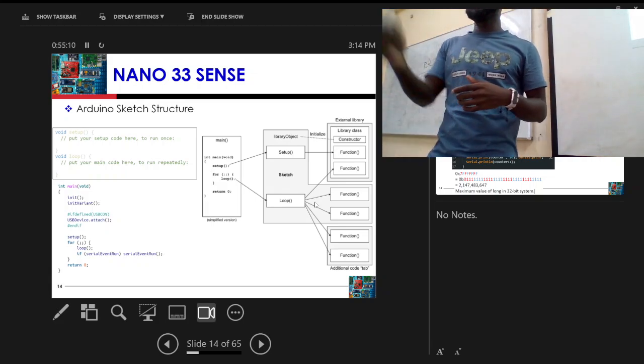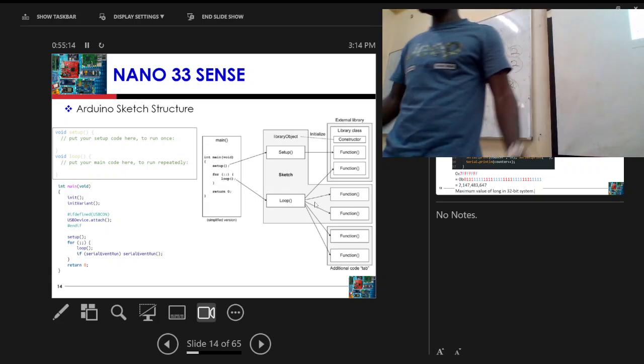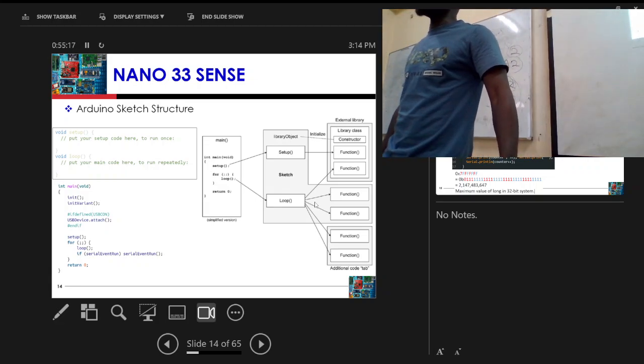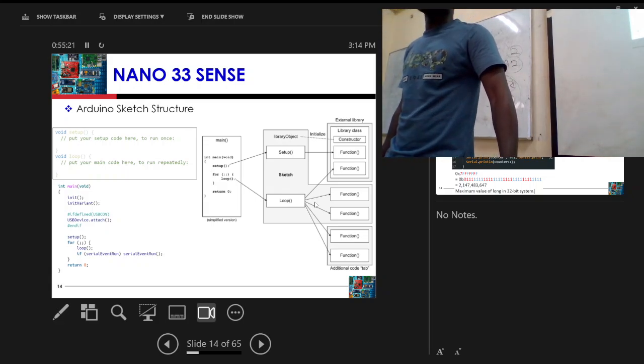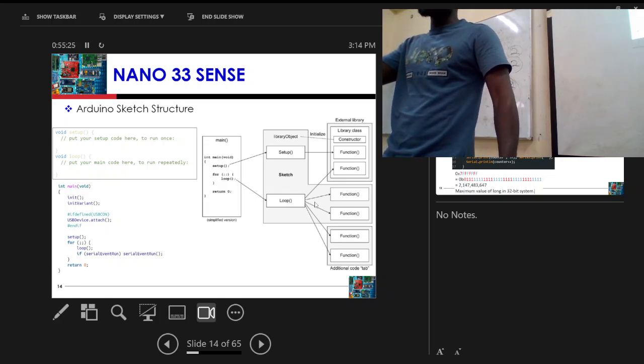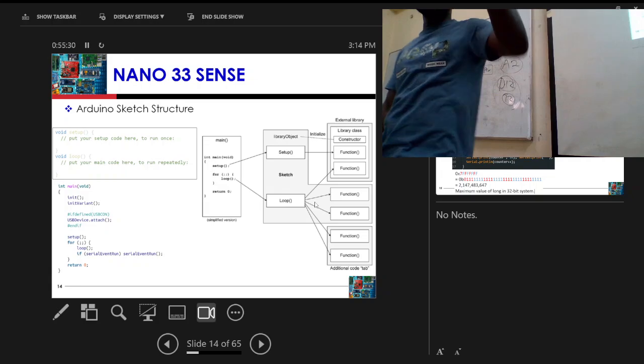How many of you are doing projects with Arduino boards? I'm still waiting for the hands. Oh. You guys are not doing anything with an Arduino board.